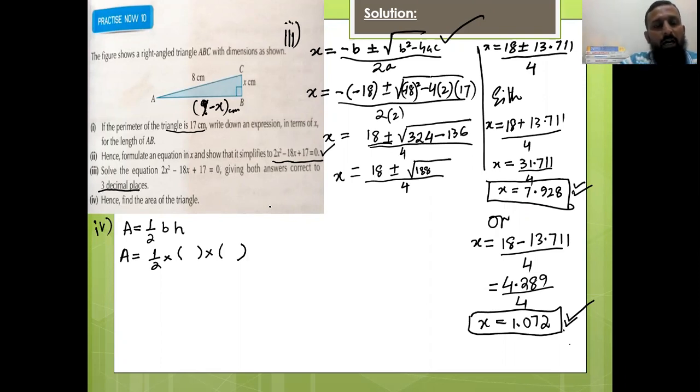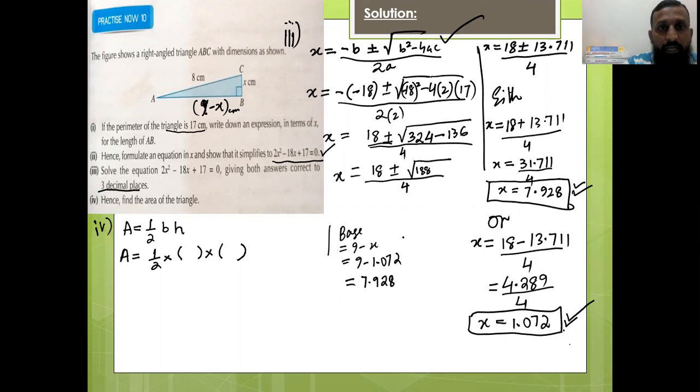So according to my given triangle, half into base into height, what is my base? Base is 9 minus x. So 9 minus x, let's find the base value. Base equals 9 minus x. Let's plug in the value of x as 1.072. When you do the needful subtraction, you will get 7.928.